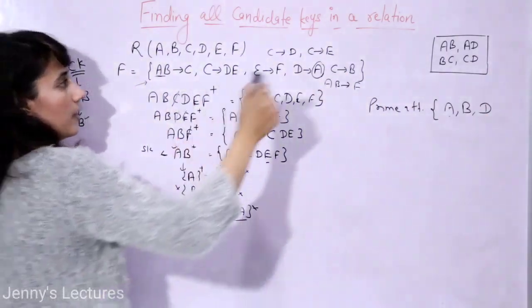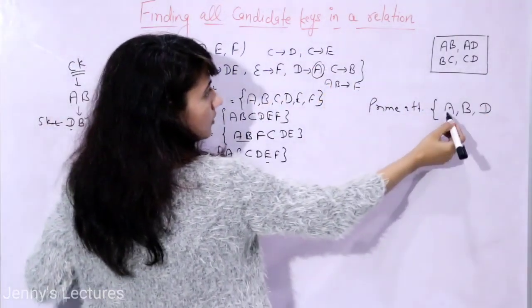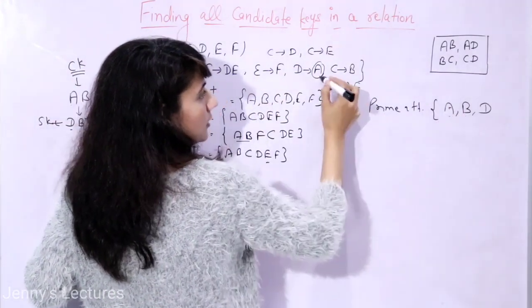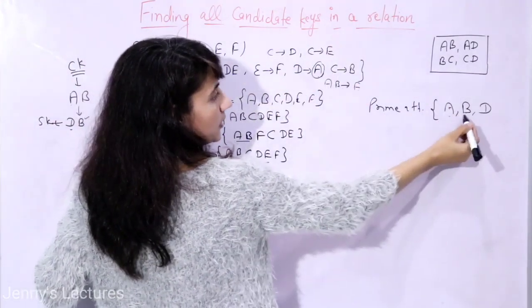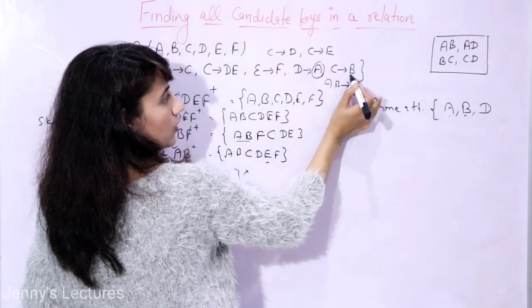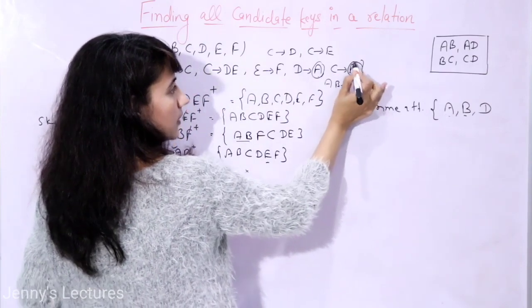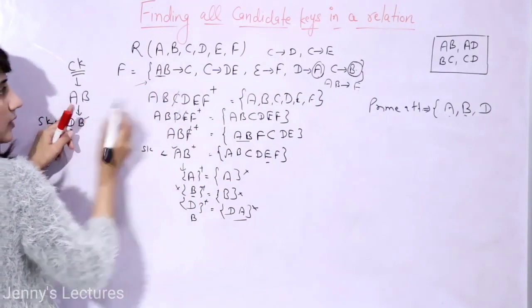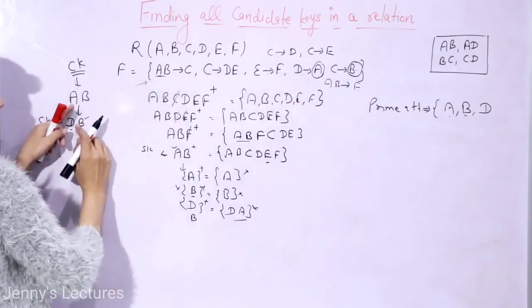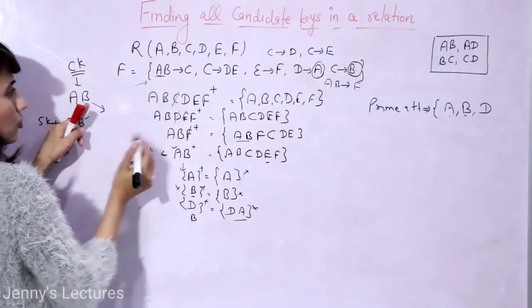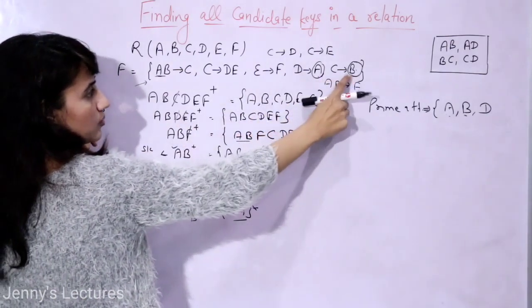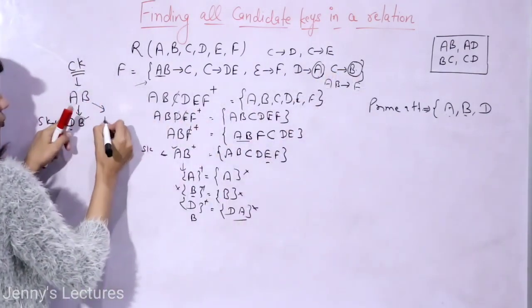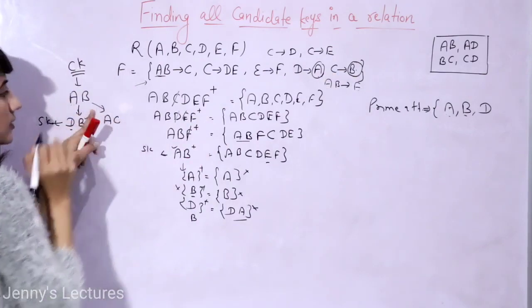Fine. Now see, another is what? A is present here, we have already taken this. See, B is also present on the right hand side of this functional dependency. So now see, at the starting when I was having AB, then I replaced A, then I got this thing. The second option was you can replace this B. You will replace this B with C. So now I got AC, right?